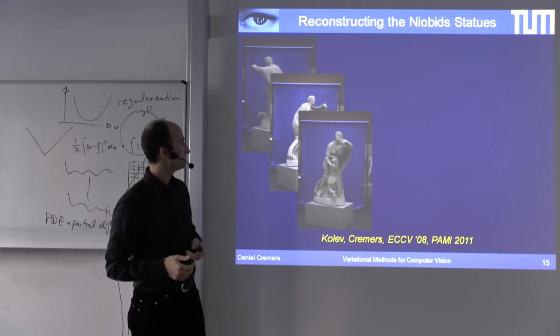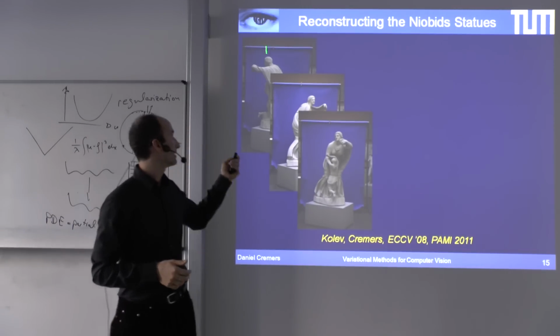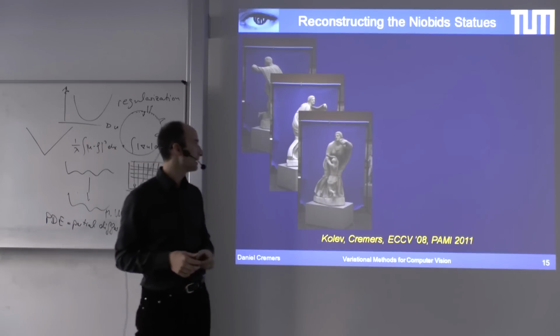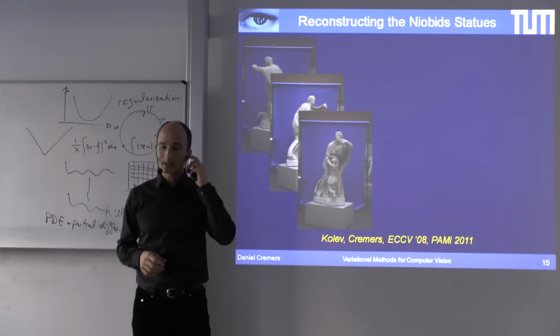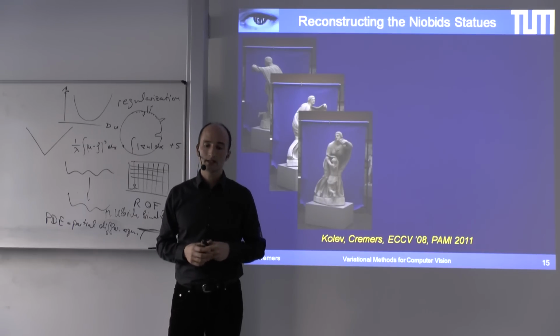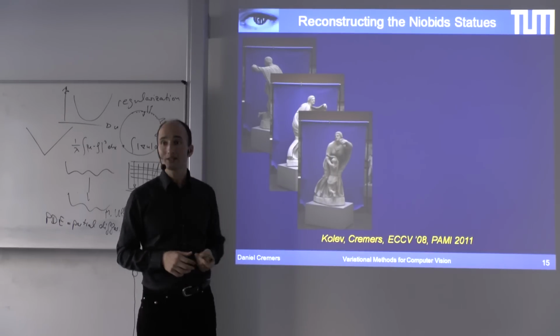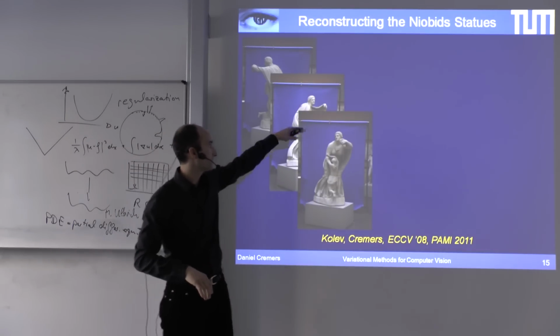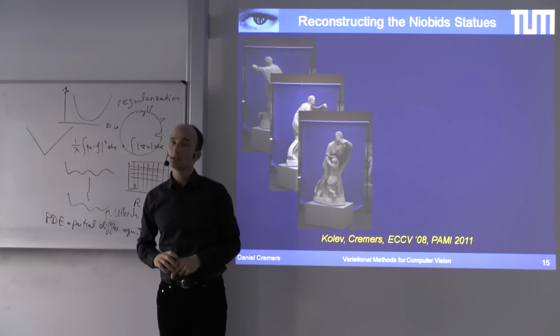This is a project we did with a museum, where we took about 20 images of these ancient Greek statues. This was a project in collaboration with an art historian. There are about 20 of these statues all over the world, and they're more than human height, about 2.5 meters high. They're very heavy.